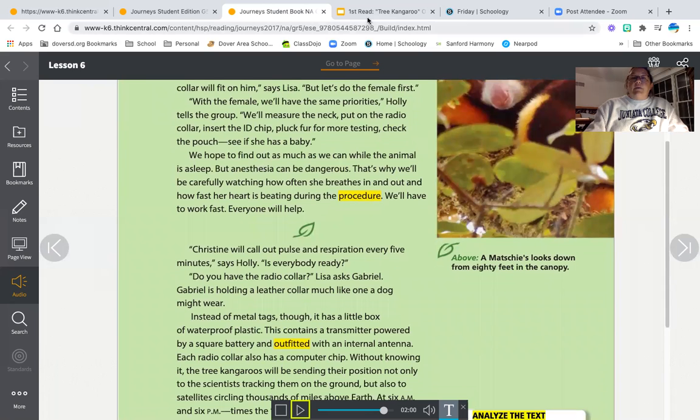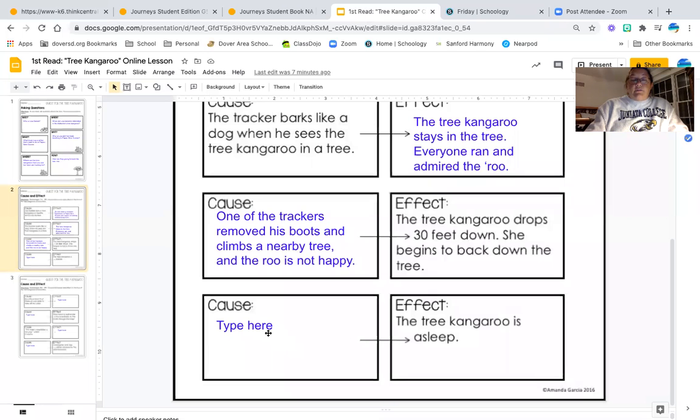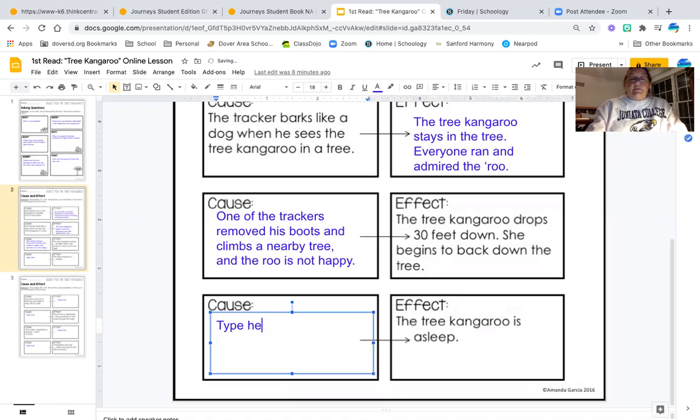So I can go up here, and I think I can do that last cause and effect. So the tree kangaroo fell asleep. Well, what happened to cause that is the kangaroos are given medicine called anesthesia.